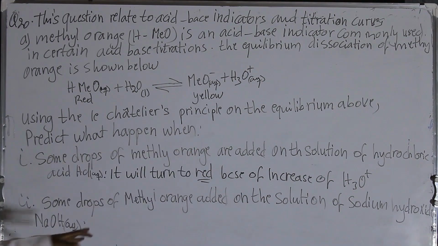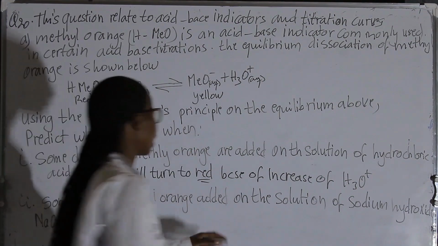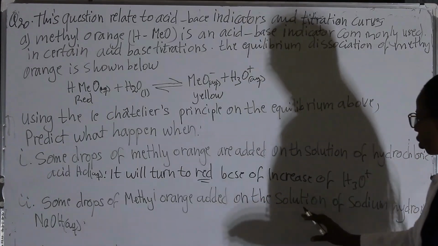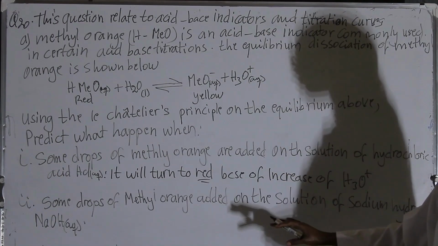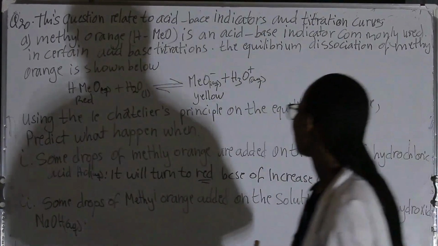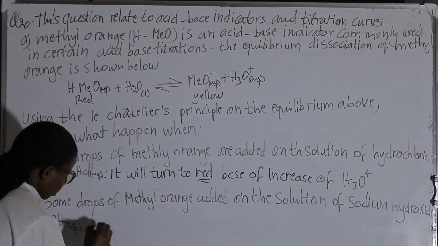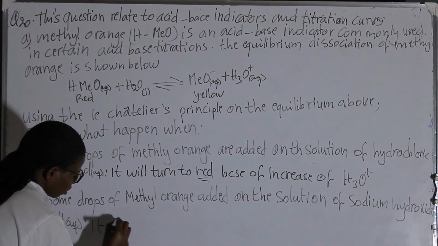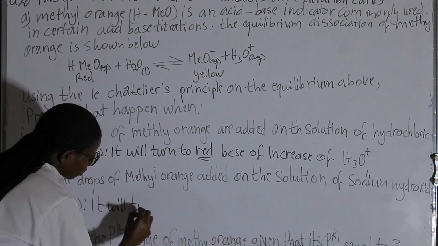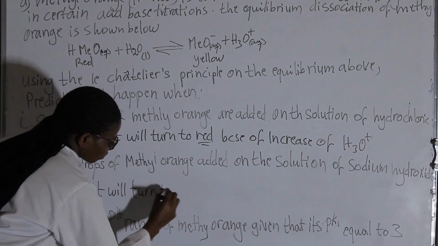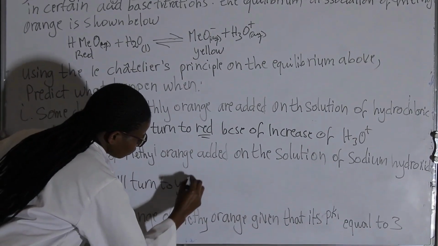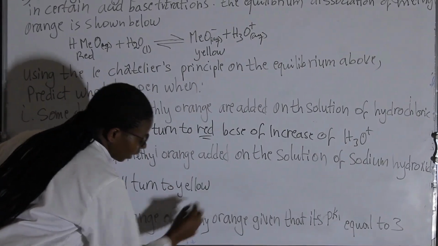Now, when some drops of methyl orange are added to a solution of sodium hydroxide, it will turn yellow. We observe a yellow color.